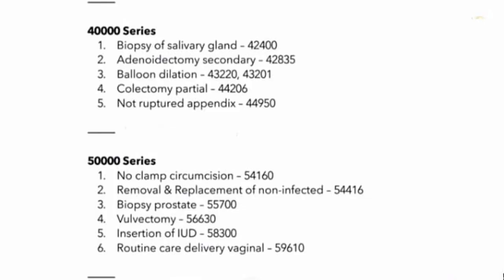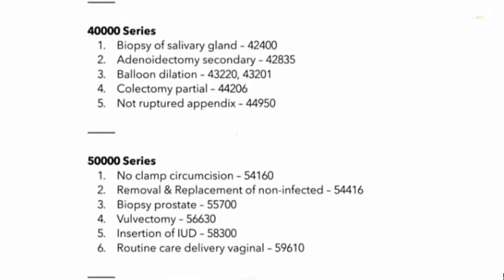Otherwise, if they ask colectomy total, the code will change. So here partial colectomy is 44206. And the fifth question is not ruptured appendix. The code is 44950.